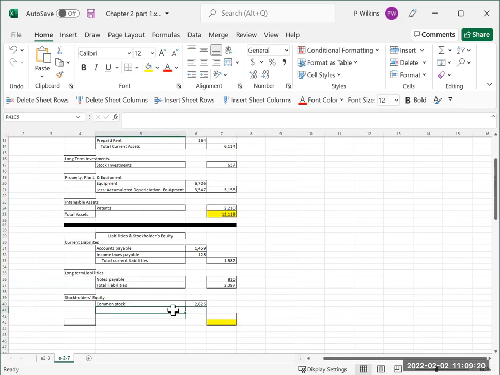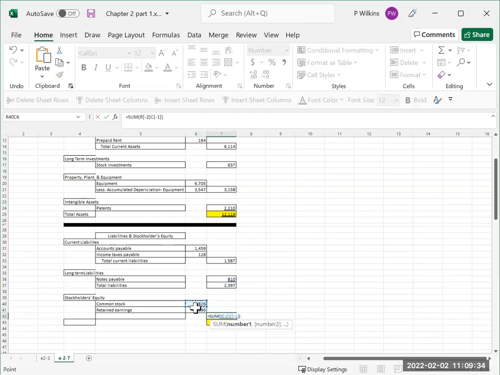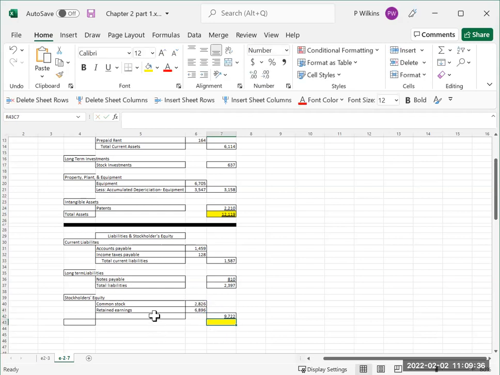And then we're going to have the retained earnings. And the retained earnings are 6896. And then we're going to add those together, the 2826 and 6896. And that's going to give us our total stockholders' equity.